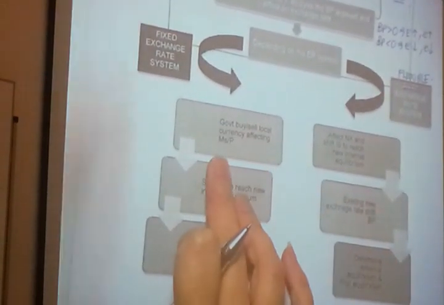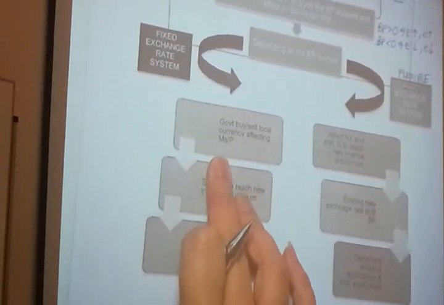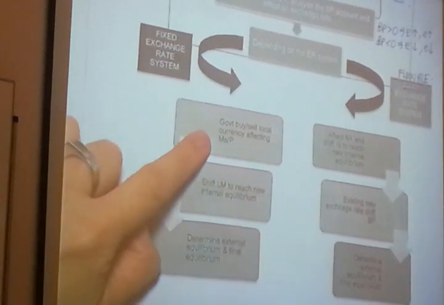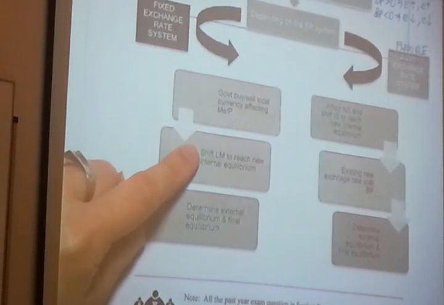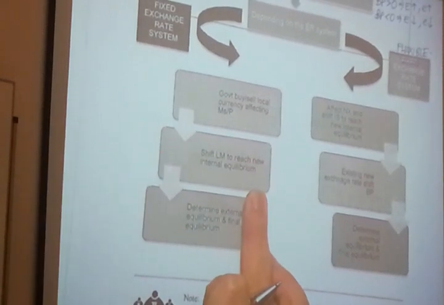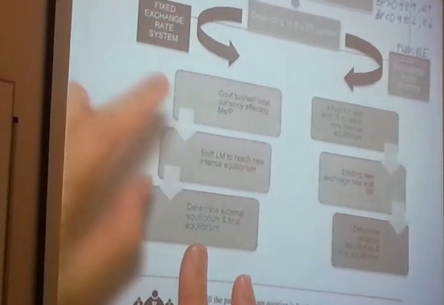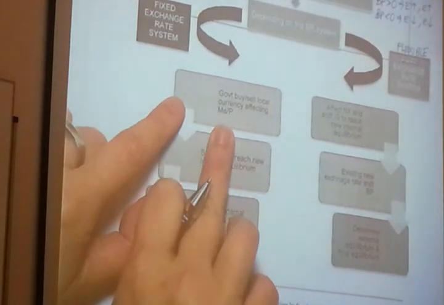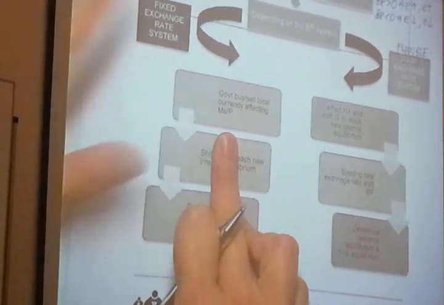And that will affect money supply because you will buy or sell with the money changer or the banks. That affects the amount of money in the economy, and therefore will shift the LM. Looking at where your BP is corrected, you will reach a new equilibrium. So that was fixed exchange rate. It looks a bit intimidating in this step, buy or sell. Trust me, by the third analysis you do with me, you will get it.